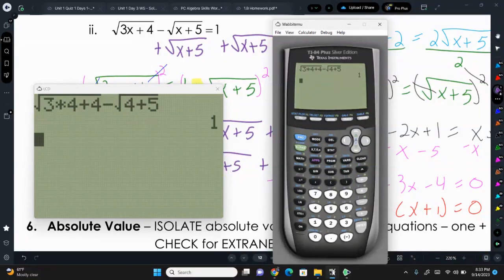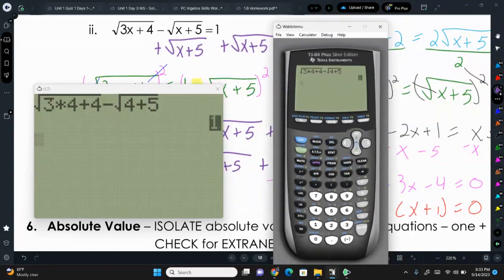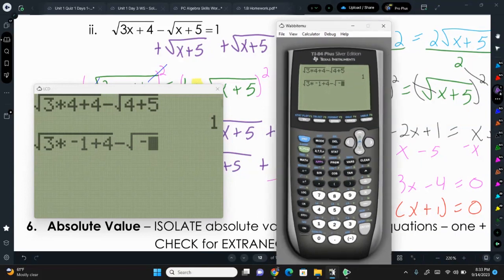It does. So x equals 4 works. So then we're going to do the same thing, but plug in negative 1. 3 times negative 1 plus 4, then minus square root of negative 1 plus 5. We get negative 1.